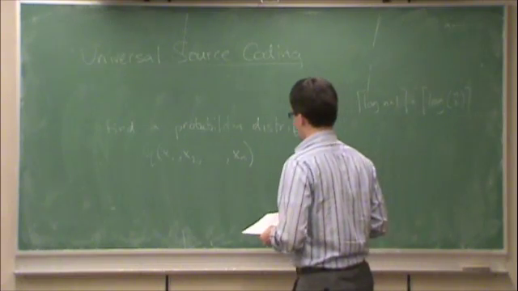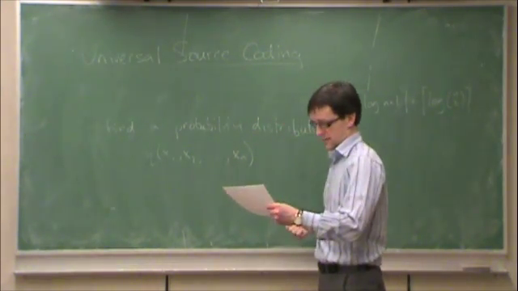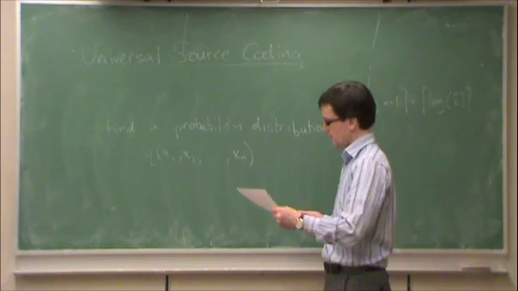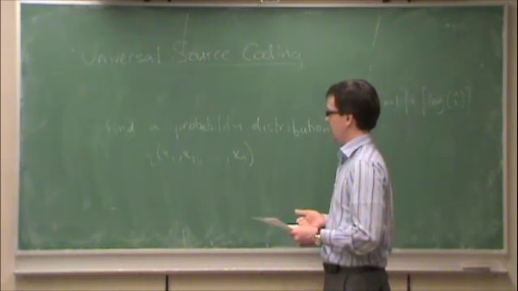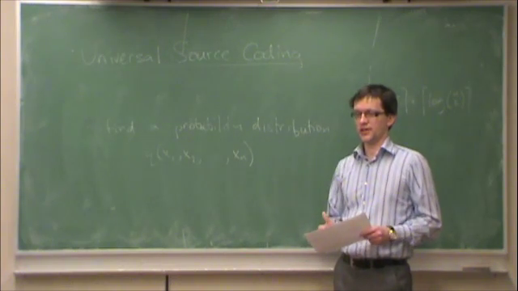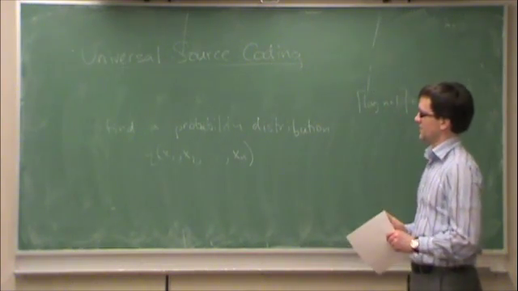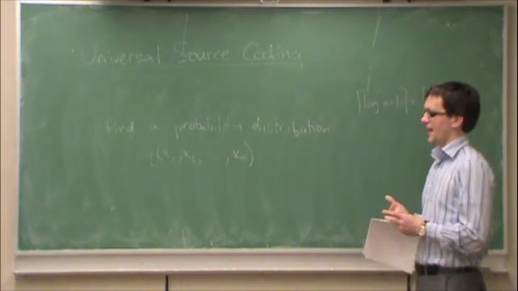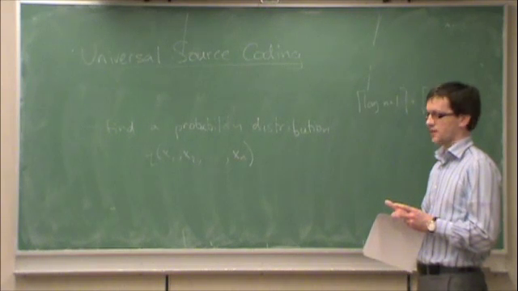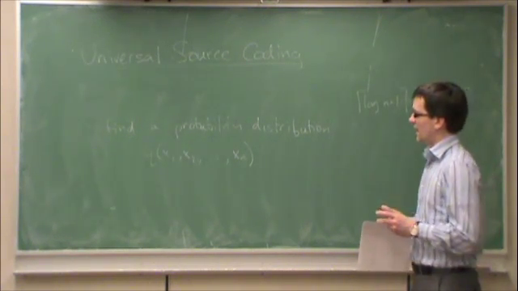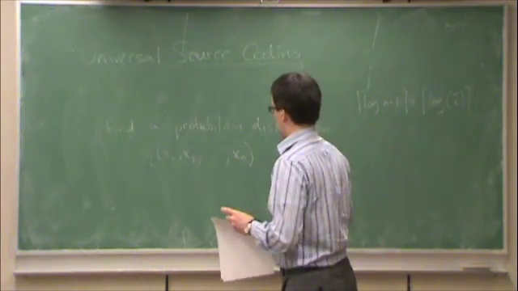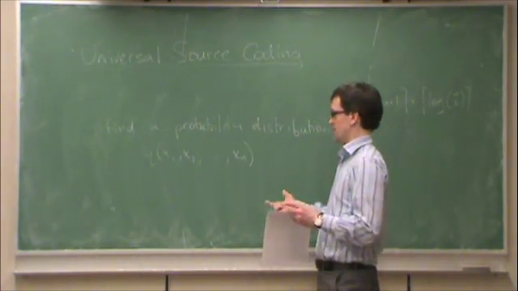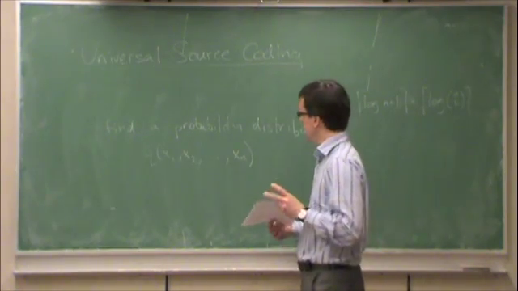Let's make up a distribution Q. And then we know we have two methods of encoding sources if I know the probabilities. They are the Huffman procedure and the Shannon-Fano-Elias procedure, both of which require that I know a probability. So I don't know the probability, but let's assume that this is true.